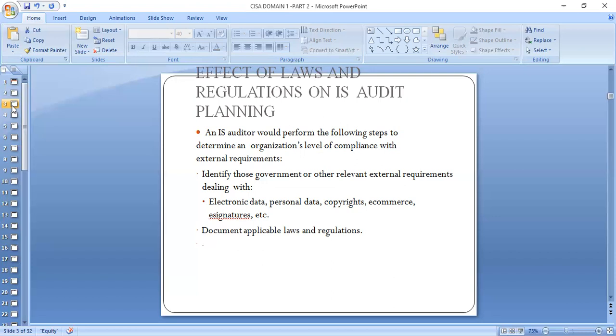If you look at the ISACA question and answer database, you will see questions testing your knowledge of what to do when you get to the field and the auditee or the client does not have appropriate documentation. Do you stop the audit there?